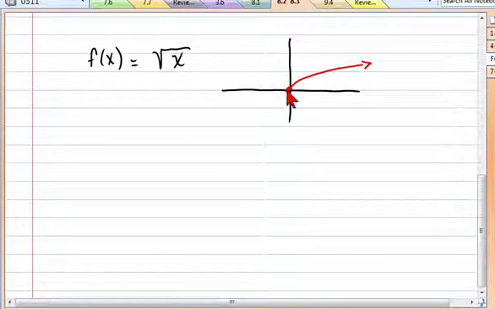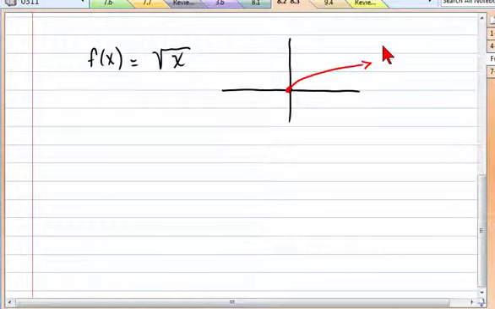The reason it abruptly starts right here at the origin is, are you allowed to plug in negative numbers and take square roots of negative numbers? You may not be all that familiar with it, but the answer is no. You don't take square roots of negative numbers. So it doesn't ever go further to the left. It just goes to the right.